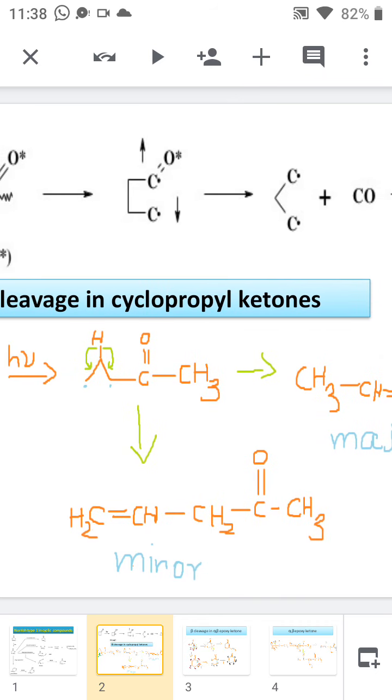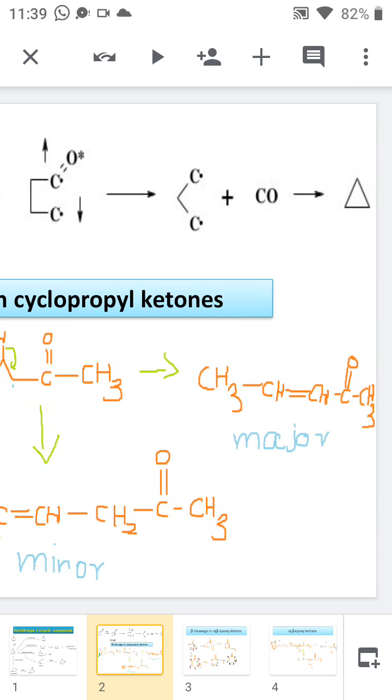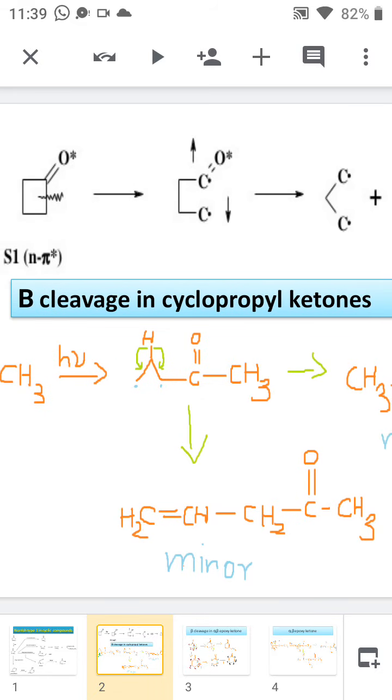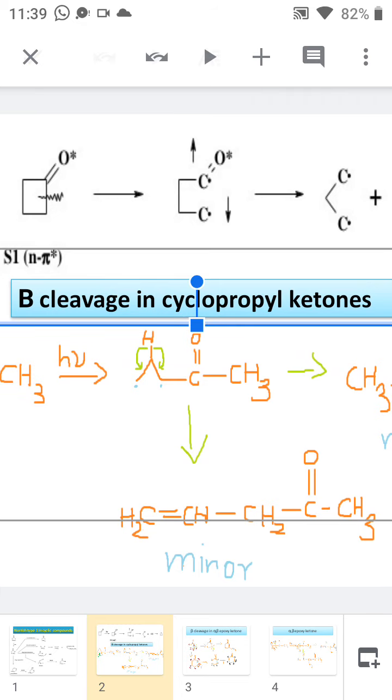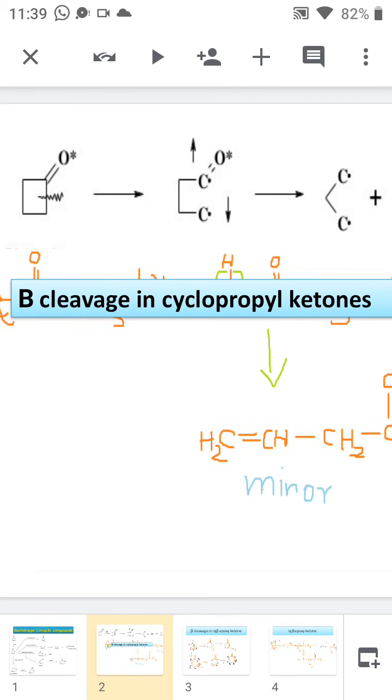If the hydrogen is homolytically cleaved and the hydrogen radical is attached on the right hand side, a double bond is formed. Here two products are formed: one has the double bond in the middle, that is the major product, or the double bond is in the terminal position, that is the minor product. So two different types of product are formed here.